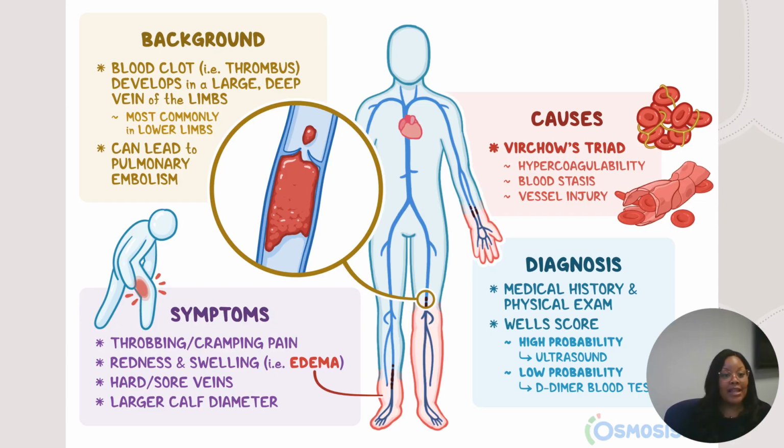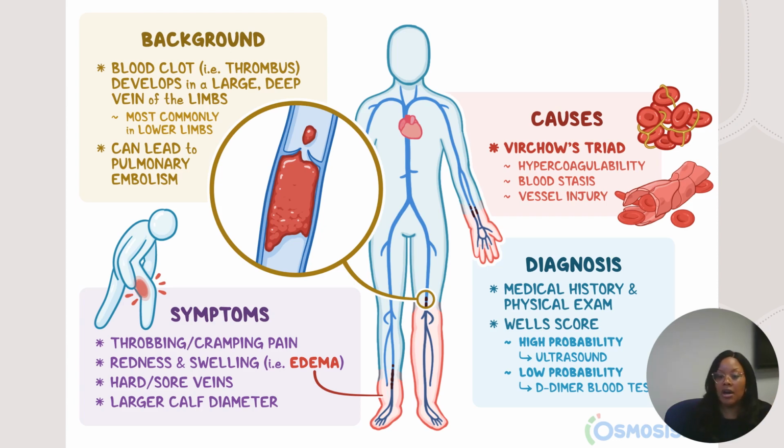So let's talk about some causes of it. Why do blood clots actually happen? A blood clot happens if you have hypercoagulability, meaning that your blood is just prone to clotting, right?